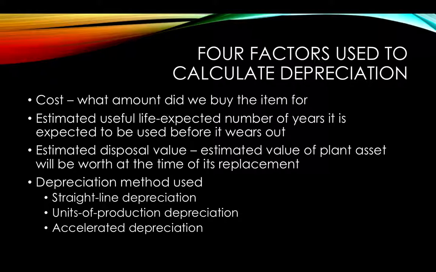Accelerated means that we determine that an item depreciates quicker at the beginning of its life or at the end of its life, and so each year the depreciation amount changes.